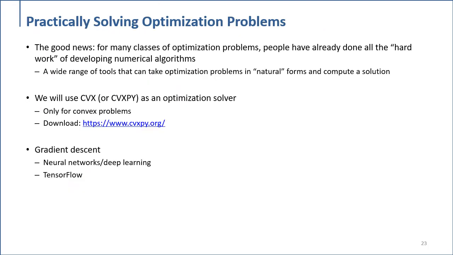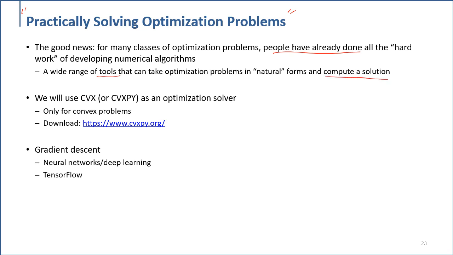So we have looked into two ways of solving optimization problems, and for practically solving optimization problems, the good news is that people have already done all the hard work of developing numerical algorithms. A wide range of tools have been developed for computing a solution.